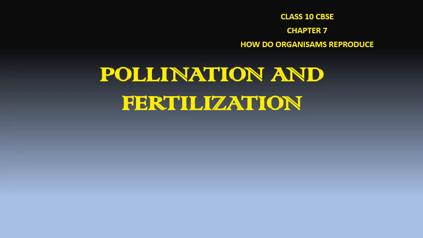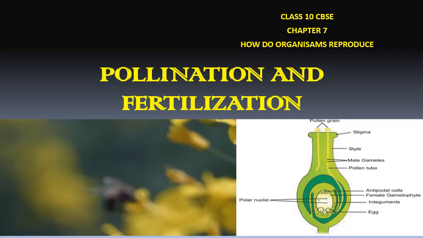The transfer of pollen from the male part to the female part is called pollination. So I can say pollination is the first step in sexual reproduction. There are different types of pollination we can see. Some pollination may occur through wind, some through insects, some through water.